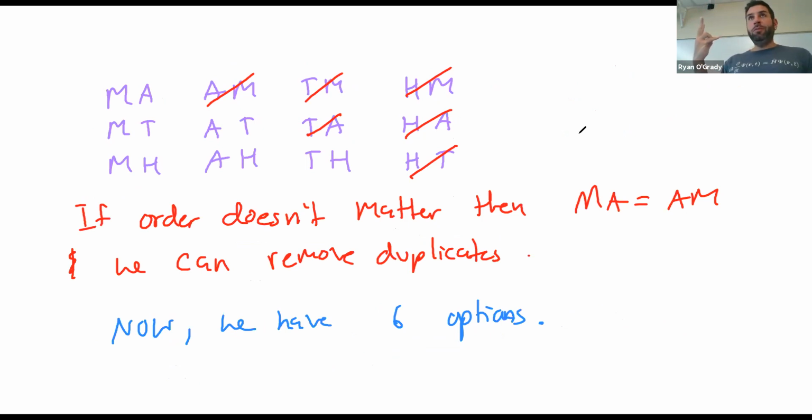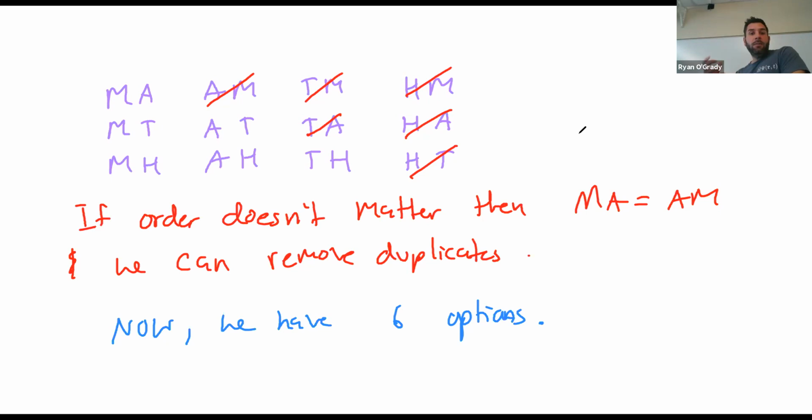There can be 2 duplicates, right? And then when I go to my next option, MT, since there's only 2 letters, there can only be, okay, let me rephrase, slow down. I misspoke. There can only be 1 duplicate. But then I can have 1 duplicate for MT. I can have 1 duplicate for MH. I can have 1 duplicate for AT, 1 duplicate for AH, and then 1 duplicate for TH.